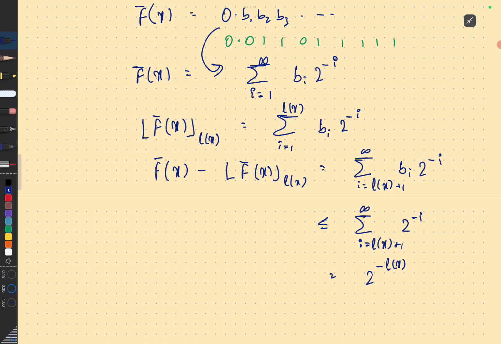All right, so this would essentially be the binary representation. Right. Fine.